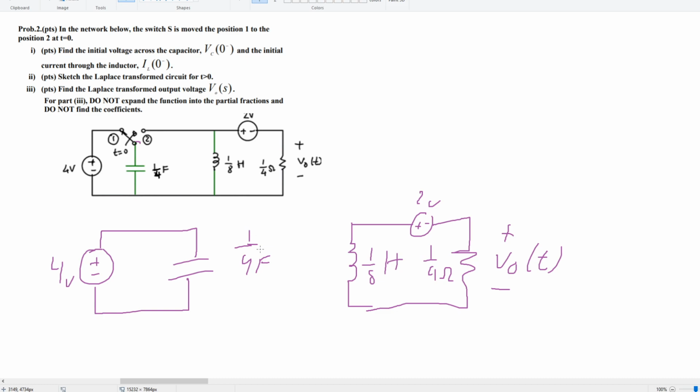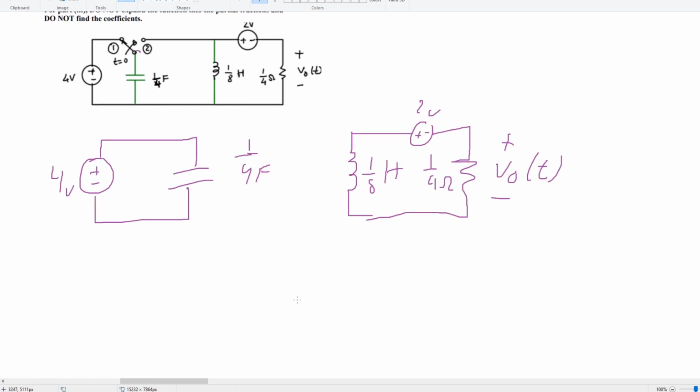All right, and this is basically how it is. For t less than 0, the switch was left like this for a really, really long time, so it was basically in this form, and you'll be able to calculate the values for VC(0-) and IL(0-). For VC(0-), honestly, you don't even have to calculate it.